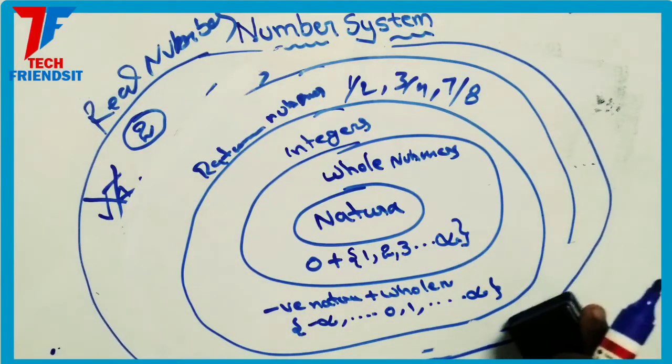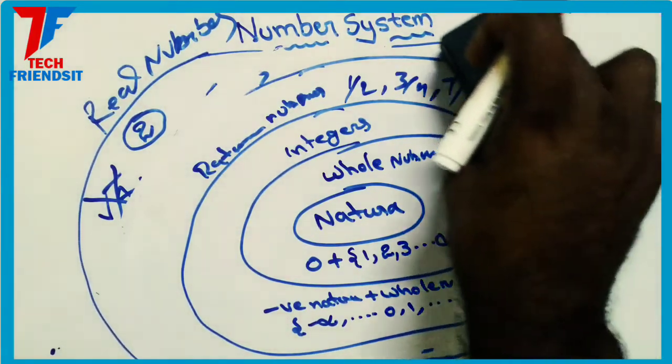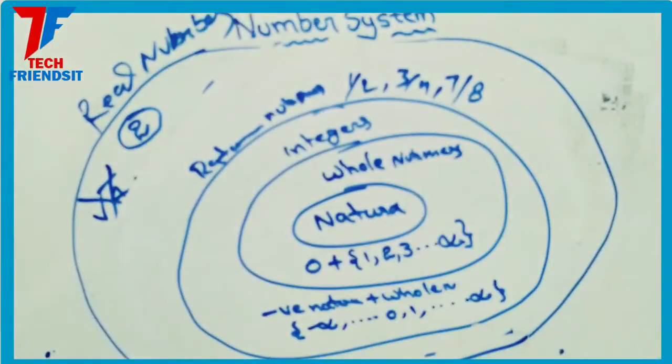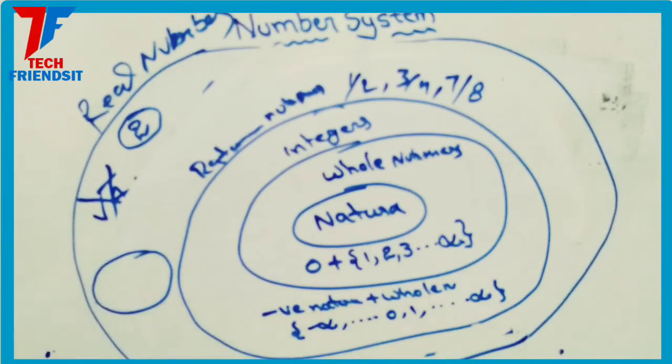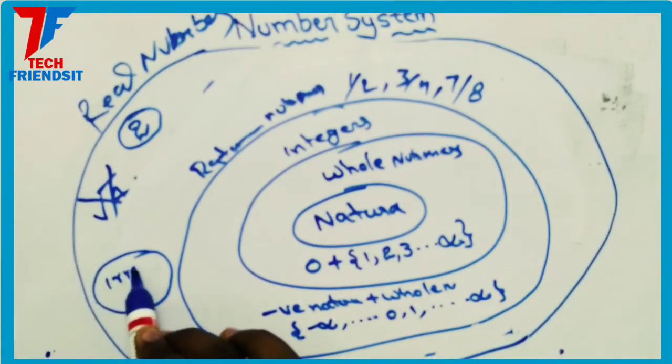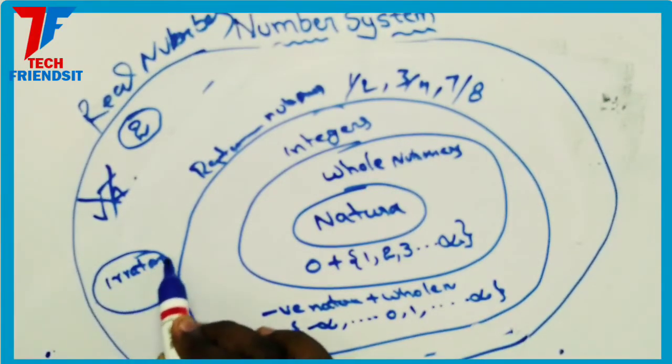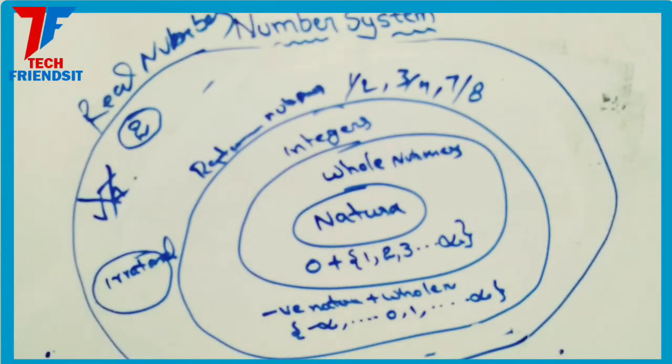Under irrational will not come all this natural and all. Irrational is a separate thing. Okay, this is the number system.